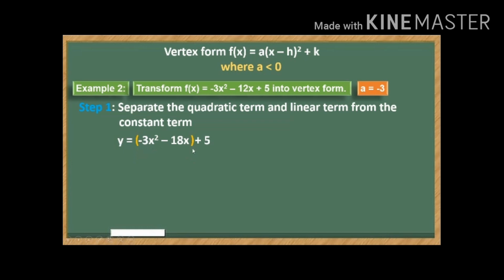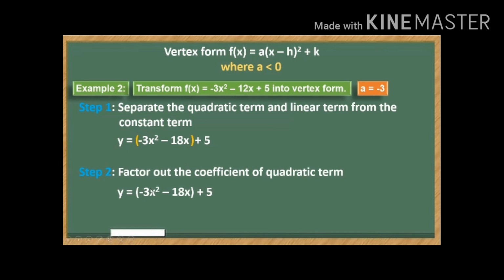Okay, separate using the parentheses. We have separated negative 3x squared minus 18x using the parentheses from 5. So for step 2, factor out the coefficient of quadratic term.